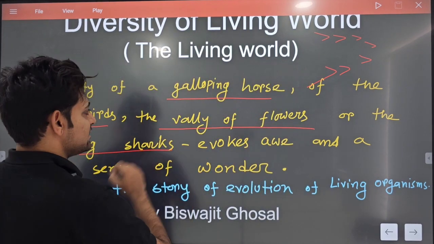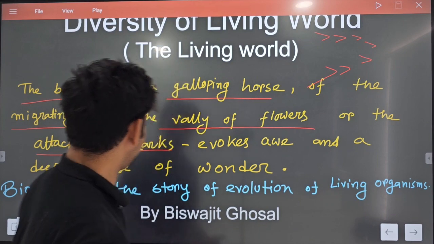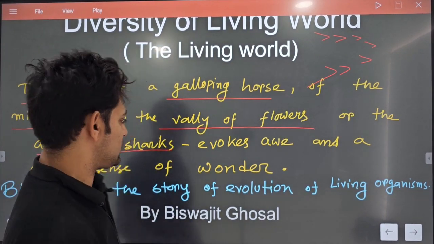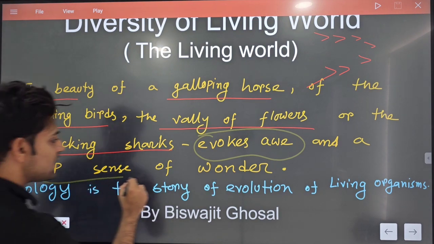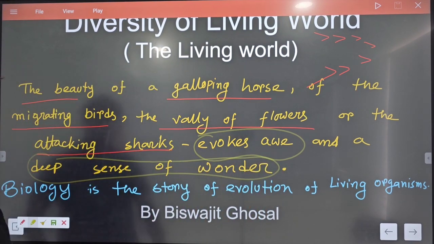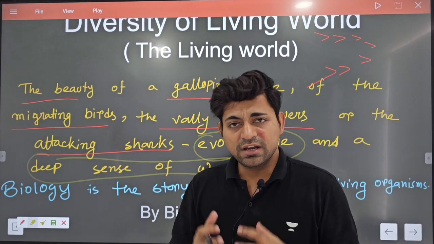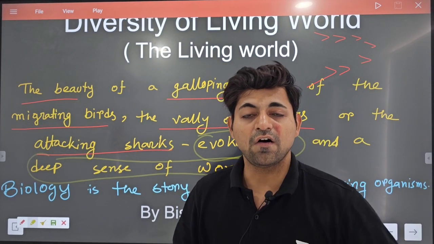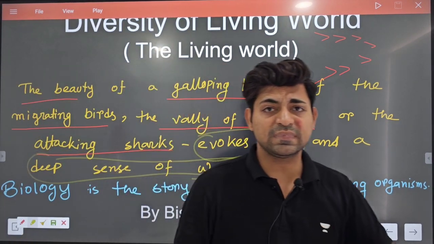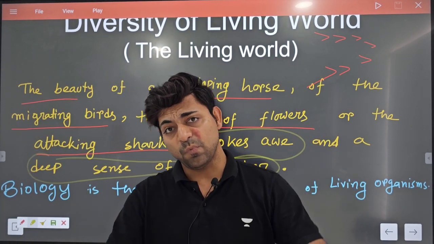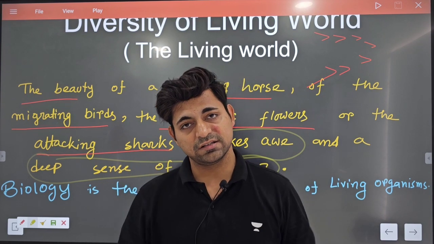All these scenic beauties or fearsome phenomena evoke awe and a deep sense of wonder in us. This diversity evokes curiosity and wonder. How come these 1.8 million or more species prevail on our mother planet?